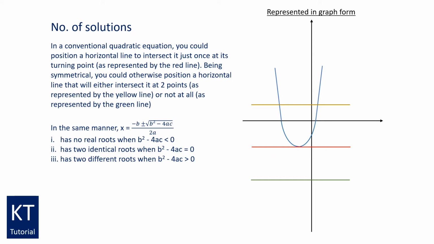This represents the situation where you would have a linear red line cutting the blue graph at its turning point. Lastly, the quadratic formula would have two different roots when b squared minus 4ac is larger than 0. This represents the situation where the linear yellow line cuts the blue graph at 2 points.